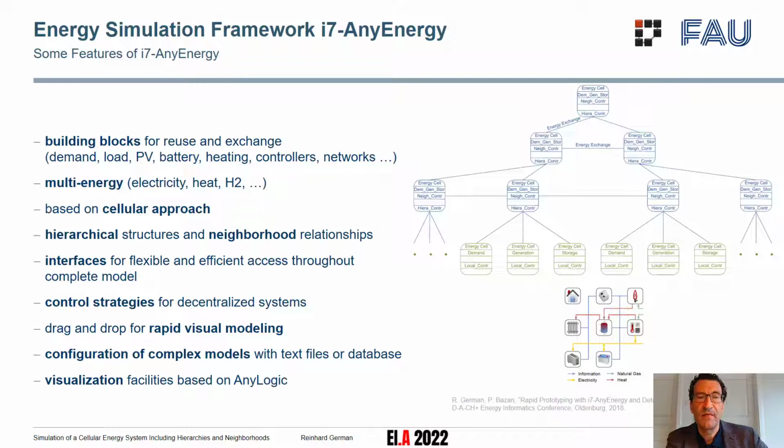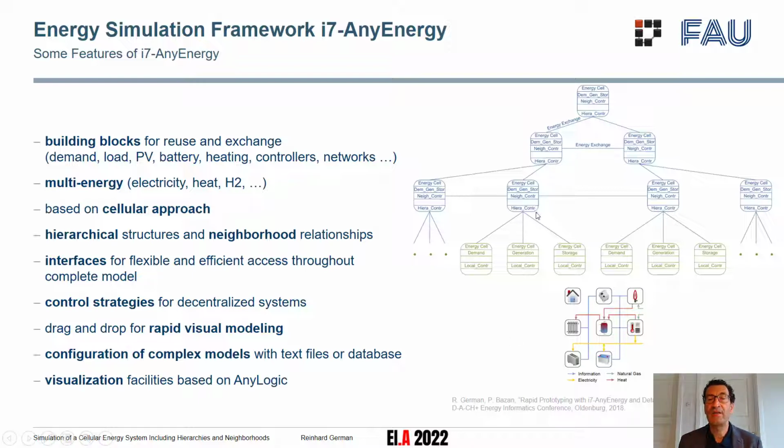So here you see some features of i7 AnyEnergy. We have, of course, building blocks for the most important energy components like demand, load, PV, battery, heating, and so on. And it is multi-energy, meaning that we can have different energy carriers such as electricity, heat, hydrogen, and so on. And it is based on the so-called cellular approach, which you see on the right side.